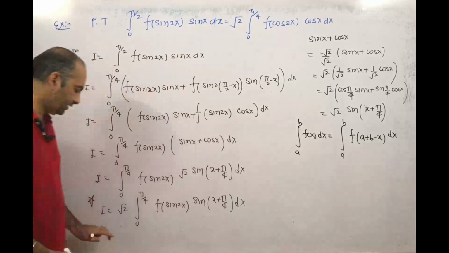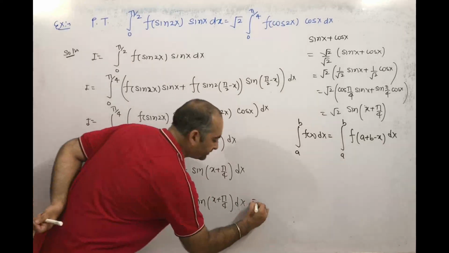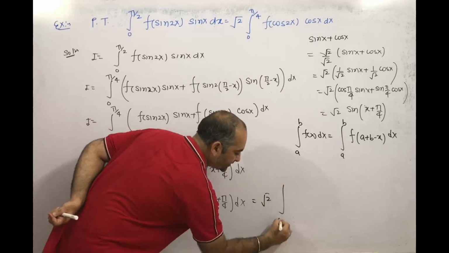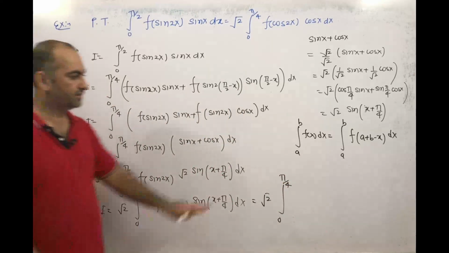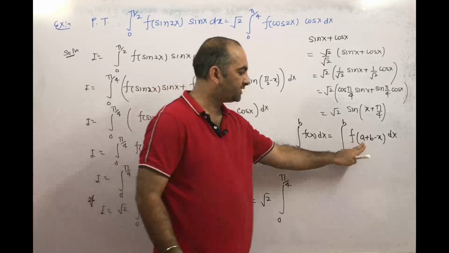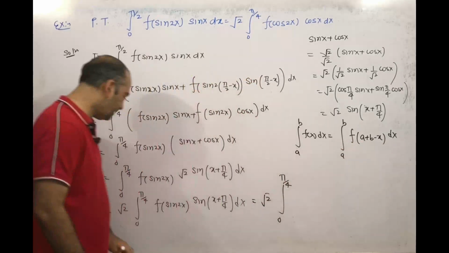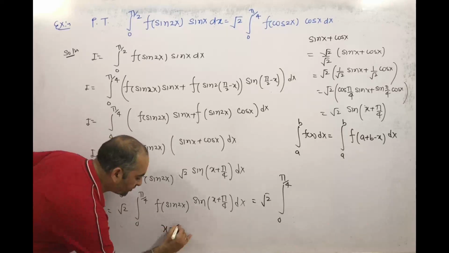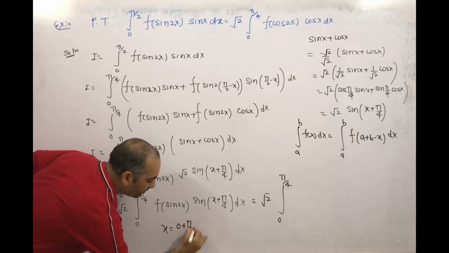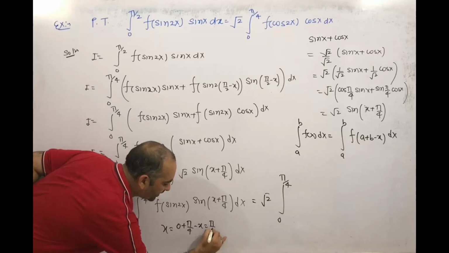So root 2 is outside only, the integral from 0 to pi by 4 as it is. Here instead of x we write lower limit plus upper limit minus x. Lower limit is 0, upper limit is pi by 4, so instead of x we put 0 plus pi by 4 minus x, that is pi by 4 minus x.